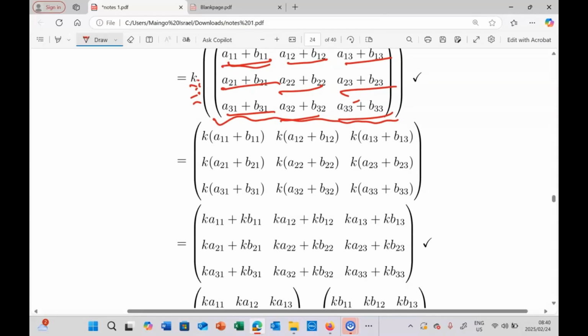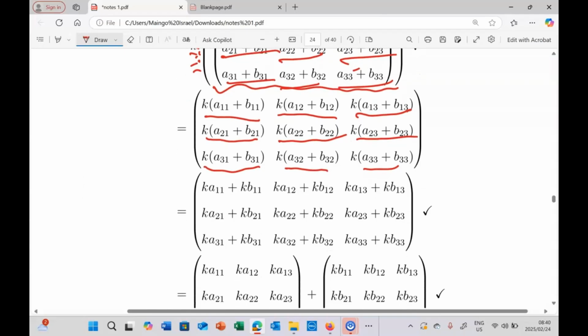That's what we are doing: k multiplied with this entry, k multiplied with this entry, and so on, until k multiplies with the last entry.